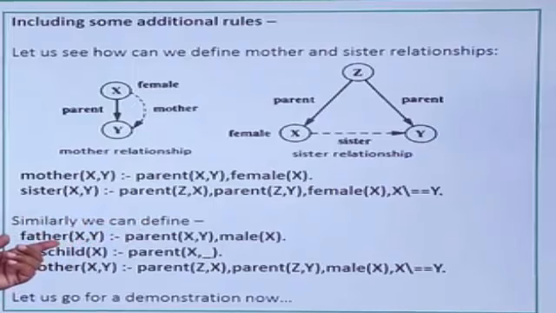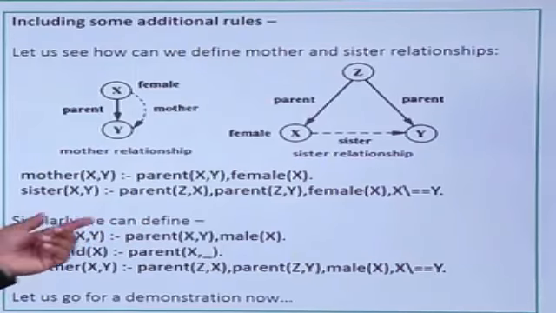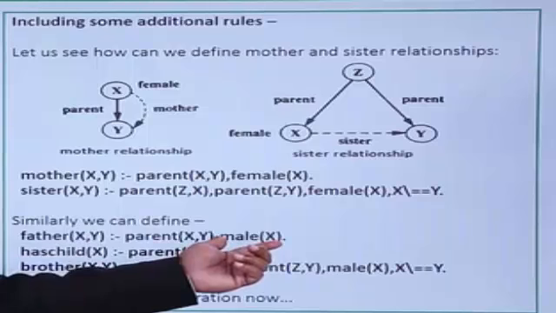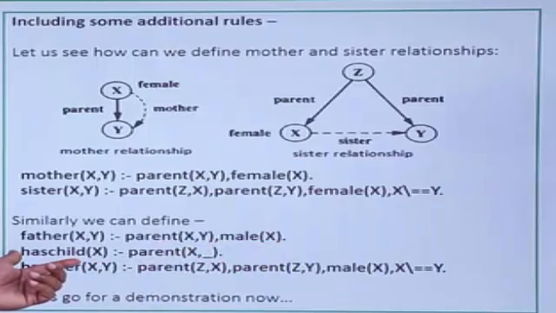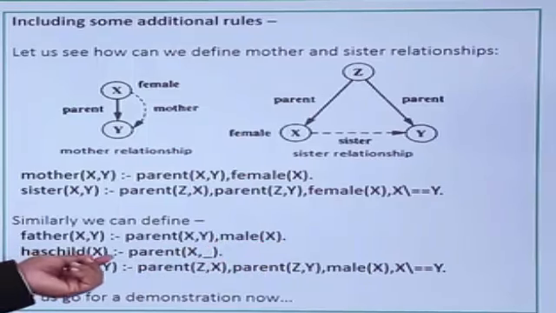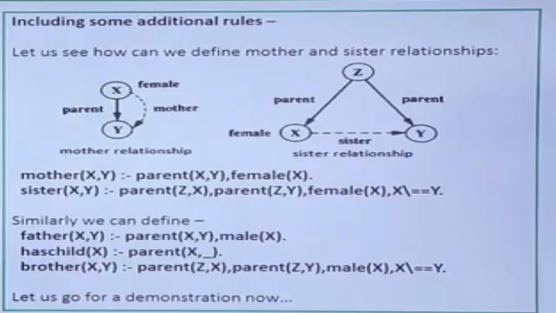Similarly, you can define the father. You can easily see that here we had female, here we have written male. Similarly, we can also go for has child. So X will have a child if X is parent of someone. How to write someone in Prolog? That is underscore. Underscore means anonymous variable.